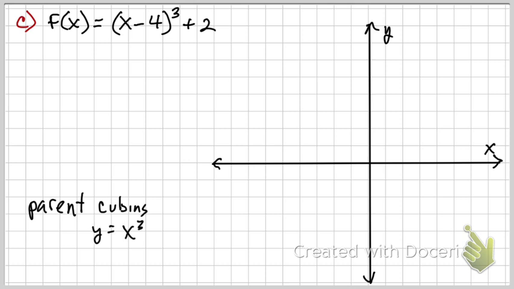So that thing. So looking at the parent, when x is 0, y is 0. When x is 1, y is 1. When x is 2, y is 8.